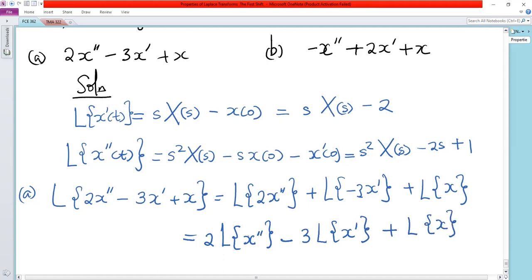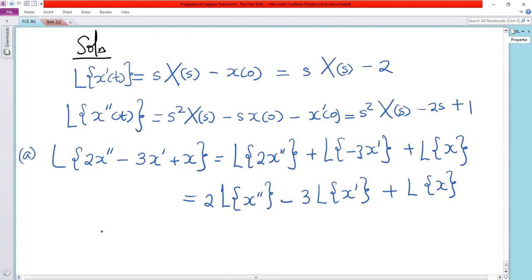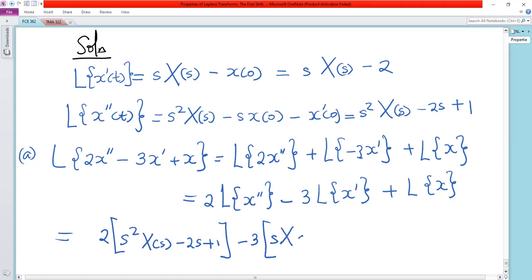Now we have the value for the Laplace transform of the second derivative of the function. So this one will have 2 times s squared capital X of s minus 2s plus 1, minus 3 times s times capital X of s minus 2, which is the Laplace transform of x prime. And the Laplace transform of x by definition is capital X of s.